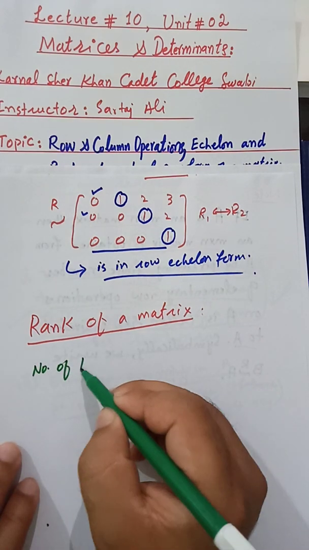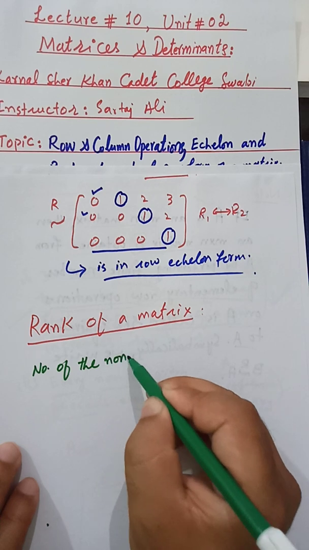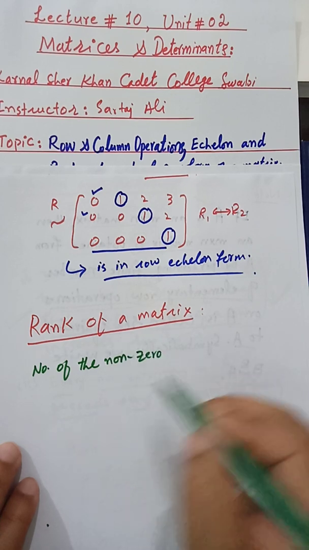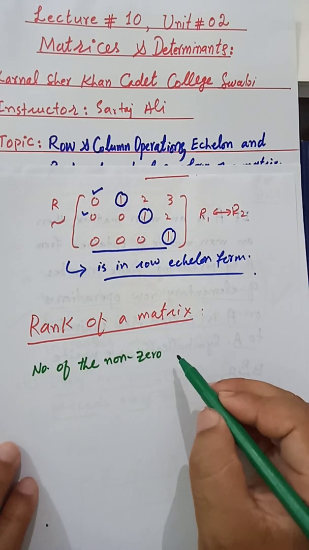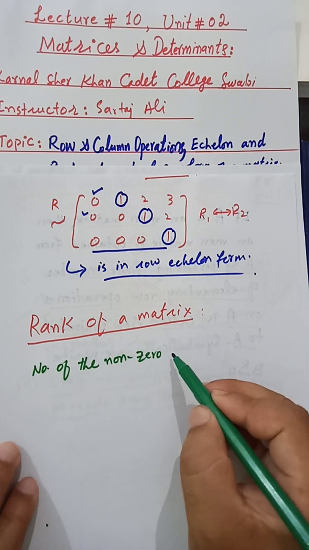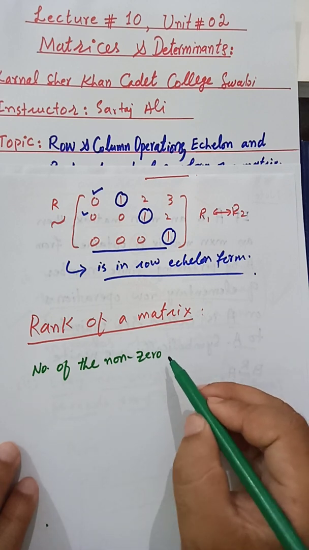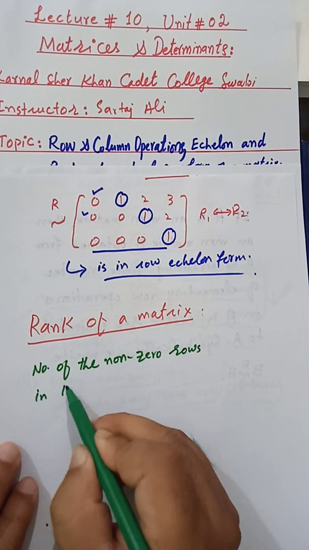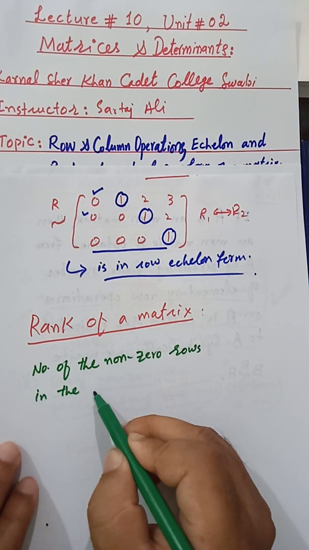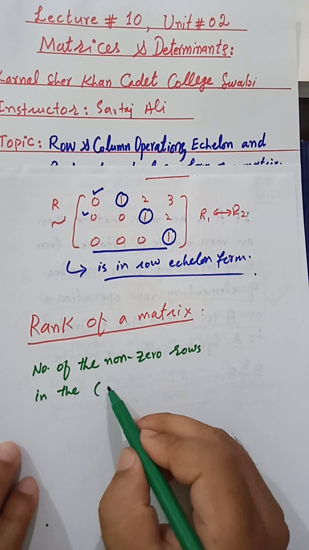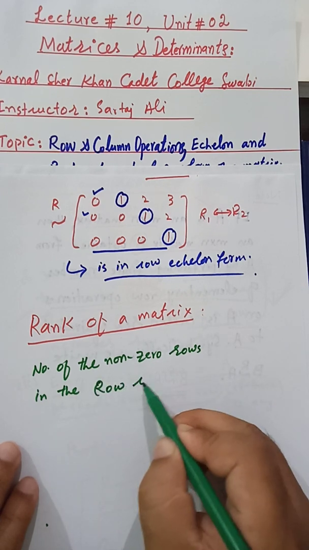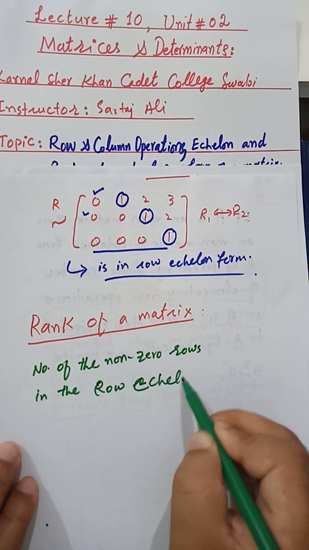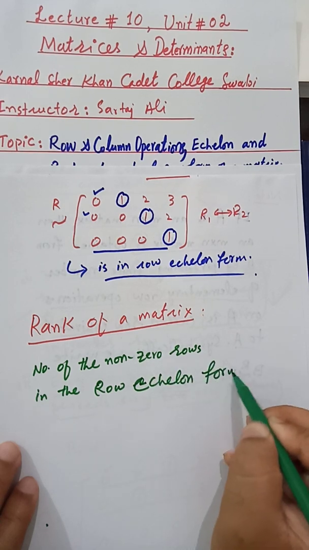A non-zero row means at least one of the elements is non-zero. So the number of the non-zero rows in the echelon form, or you can say row echelon form of a matrix.